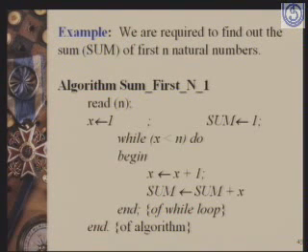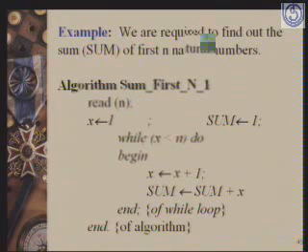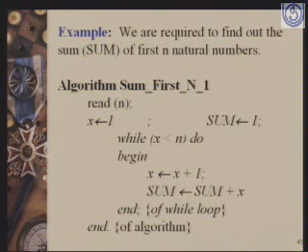We use two variables. In the variable x, we will store the consecutive integers, and in the second we will find the sum. While x is less than n, we will be increasing x by 1 so that consecutive integers are stored in x, and every time we will be adding that number to sum.